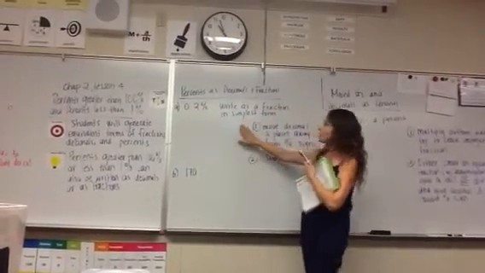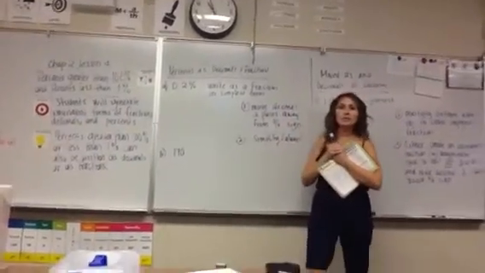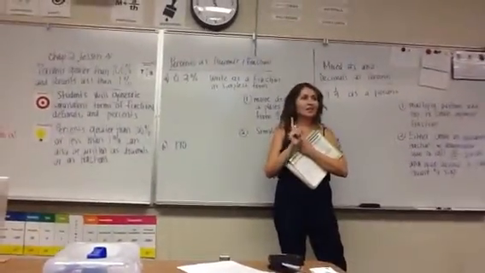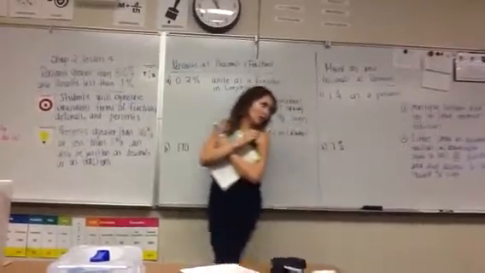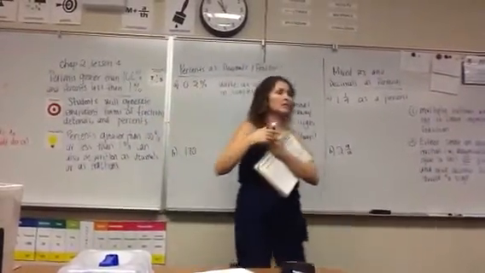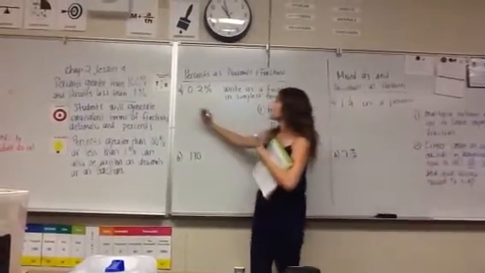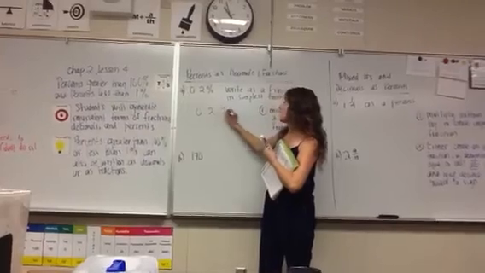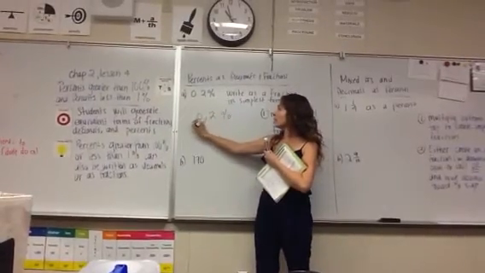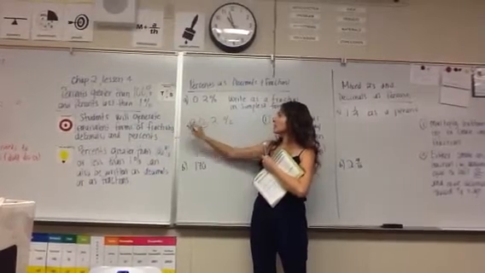So we're going to do our first step, which is to move the decimal 2 places away from the percent sign. Remember yesterday, if you didn't want a percent sign, the percent's at the end, right? Now we always move it 2 places. So I'm going to take this example, 0.2%, and I'm going to move the decimal 1, 2, and in that wiggly, I'm going to put a 0.